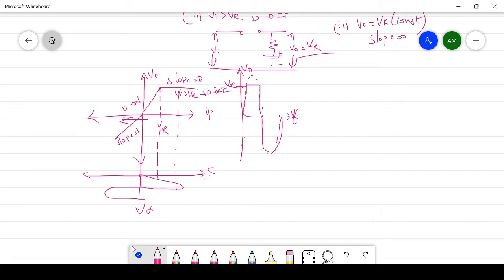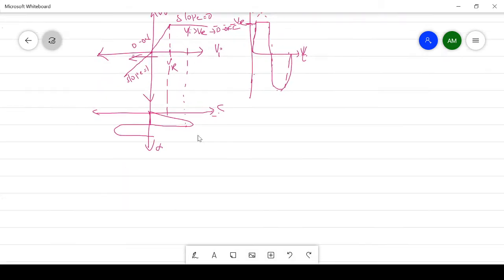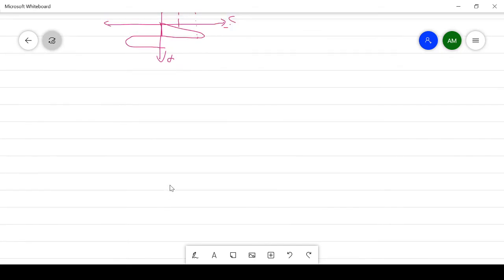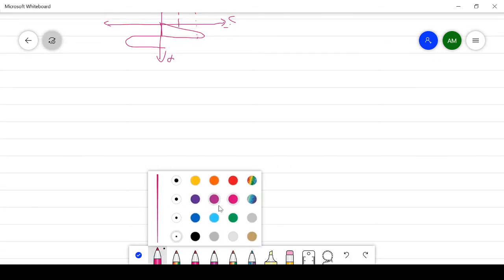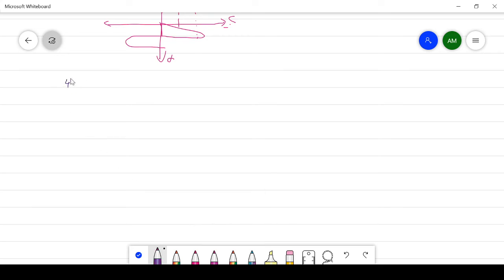So when we are applying the negative biasing to this positive clipper, so see here, series positive clipper with negative biasing.